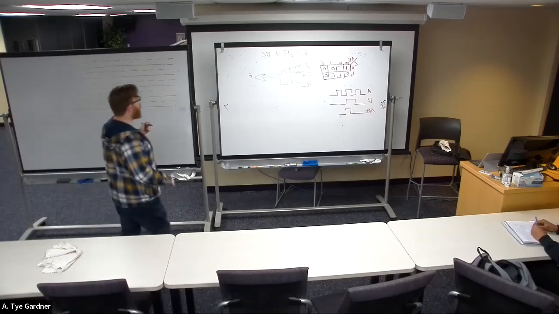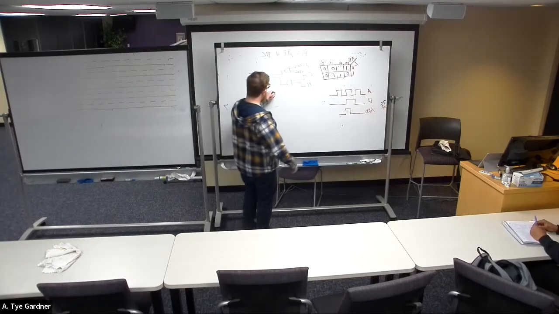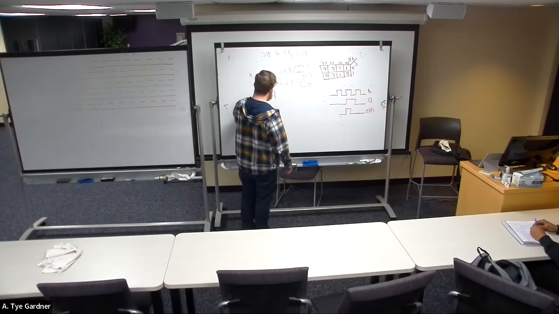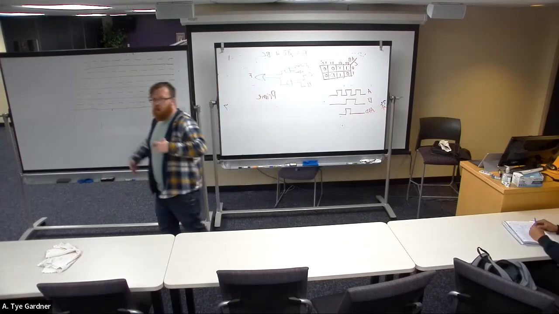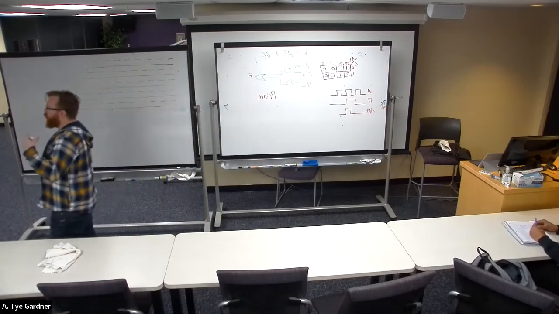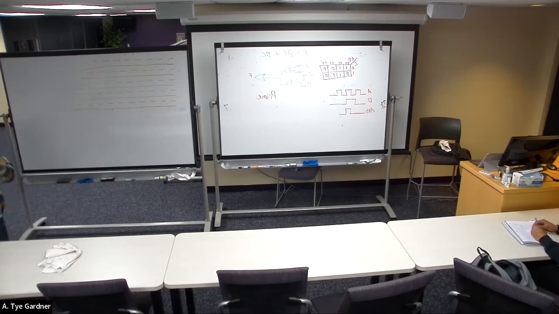So the first thing that we have to do is what's called prime the circuit. What this means is set up all of the inputs that aren't hazards in a way that the one that is will change the output of the circuit. What do I mean by that?